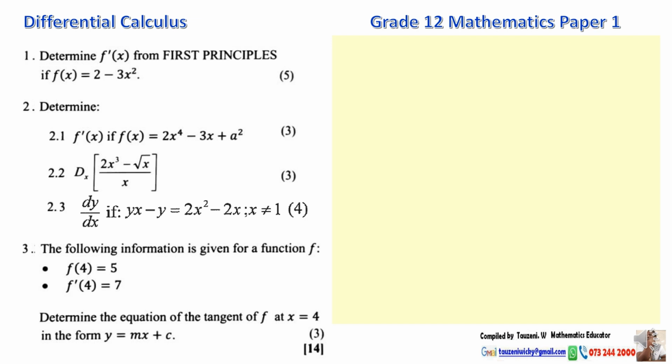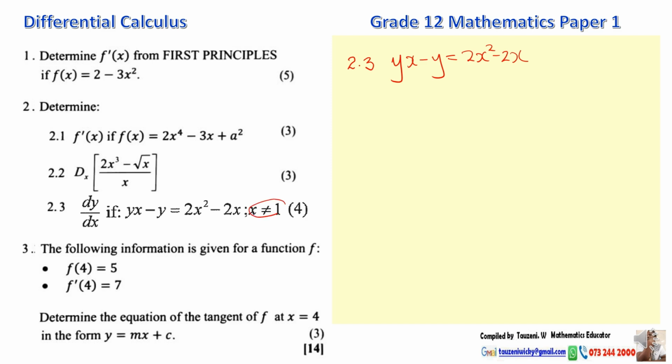Right, question number 2.3. We want to find dy/dx. Now let's remind each other something important here. Our expression is yx minus y equals 2x squared minus 2x. This is the expression that we are differentiating, and they said x is not equal to 1.